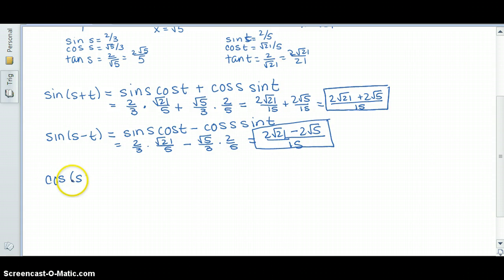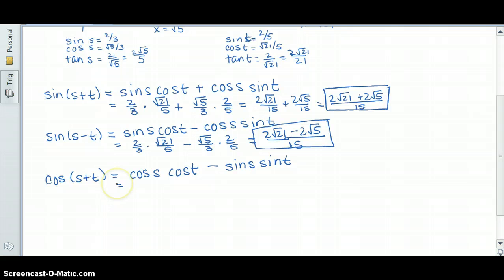The cosine of s plus t is cosine s cosine t, and then you've got a sine of s sine of t, and then remember the cosine is opposite of what's in the parentheses. So substituting in, we've got root 5 over 3 times root 21 over 5 minus the sine of s, which is 2/3, times the sine of t, which is 2/5.